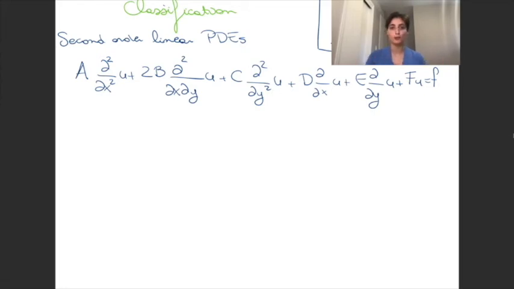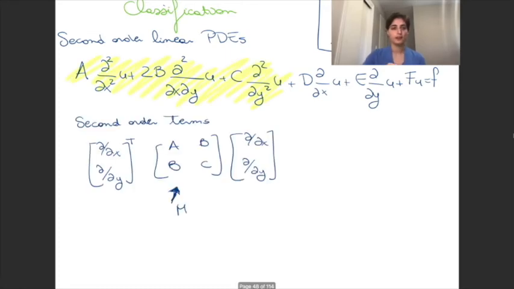It has all the first-order derivatives and all the second-order derivatives. When we look at second-order linear PDEs, we kind of forget about first-order terms and zeroth-order terms, and we concentrate on the second-order terms. This is intuitively because those are the terms that mostly define the behavior of the PDE.